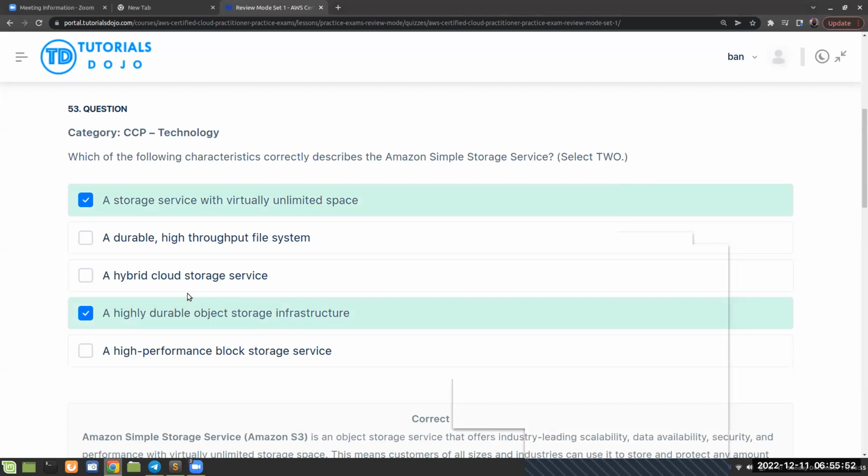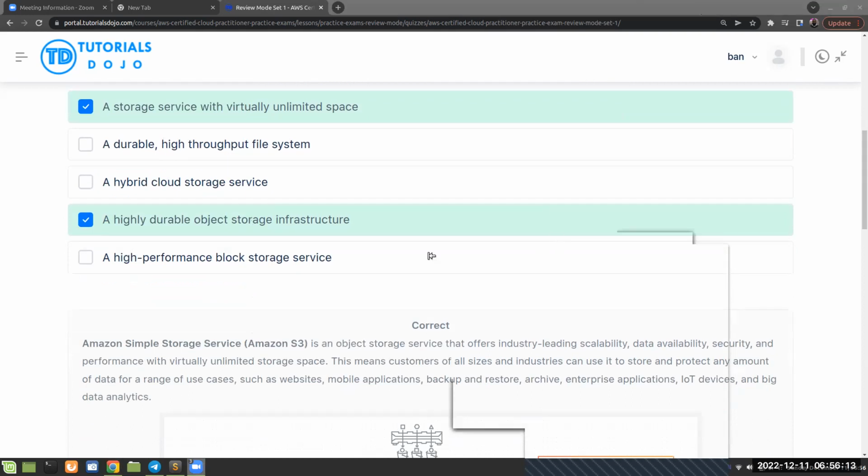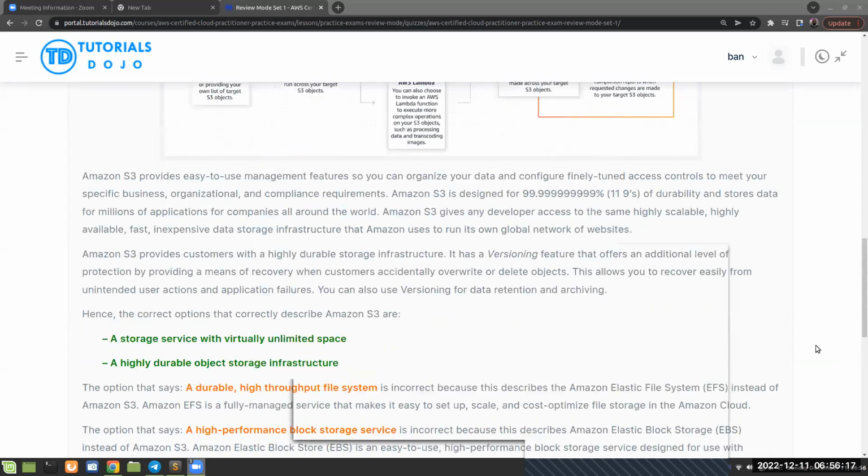So it's A and D. This should be in the storage notes, the module on storage. So a storage service with virtually unlimited space, highly durable object storage infrastructure. Okay.